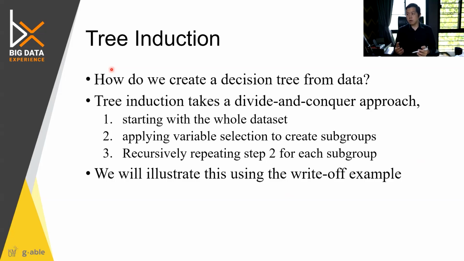Using the divide and conquer strategy. How do we do that? We will start with the whole data set. From this whole data set, we will apply a variable to select how to divide the data set, and then we will divide the set into parts.